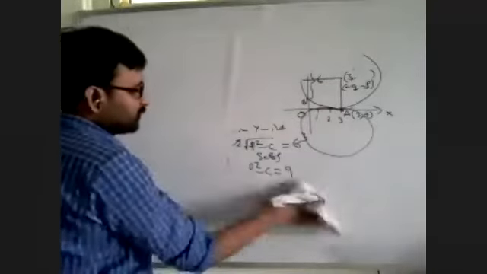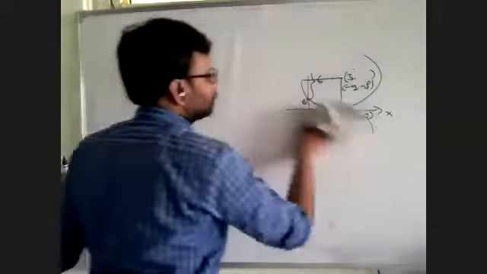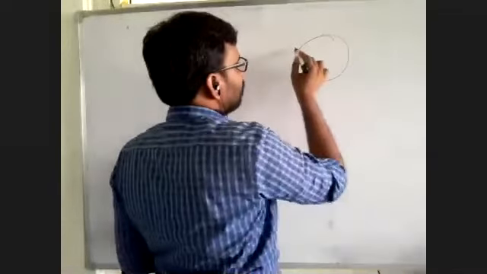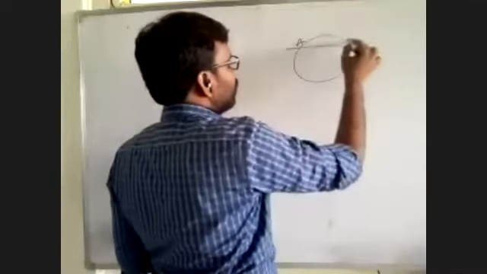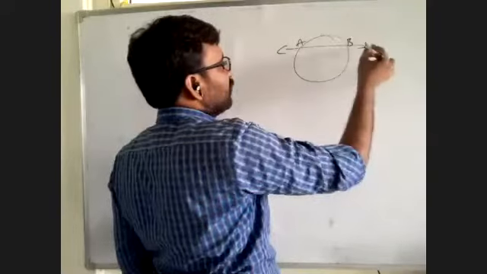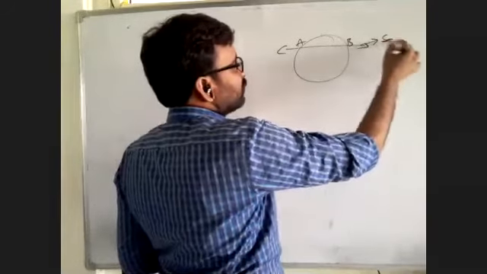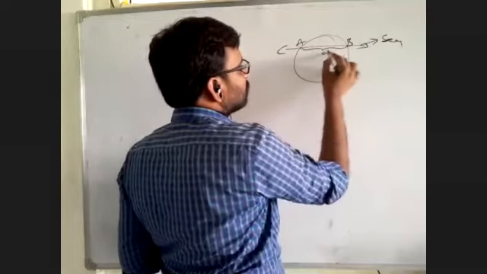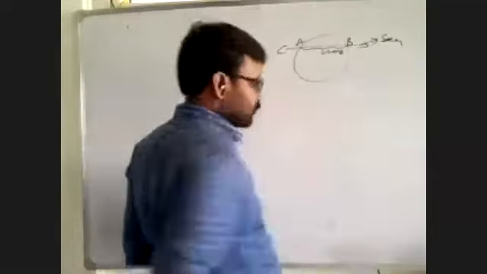That is secant. With end points, that is chord. This is a circle. If a line cuts at A and B, then this is called secant. From A to B point, that is chord. So this is secant and chord.